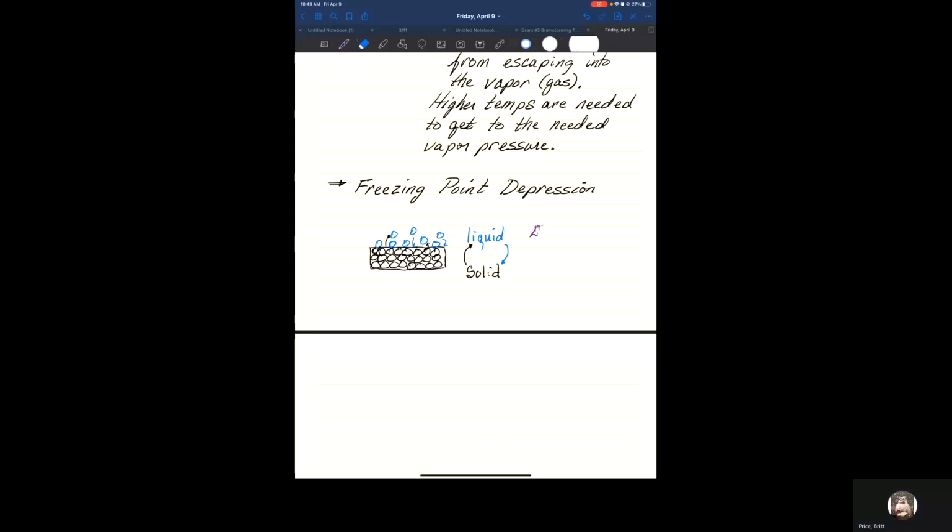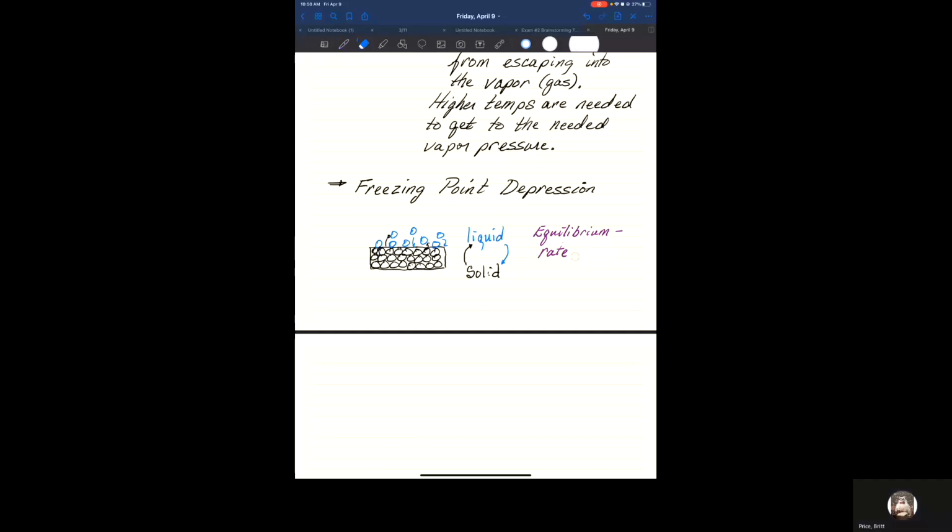Equilibrium means that the rate of forming, well, let's do this.